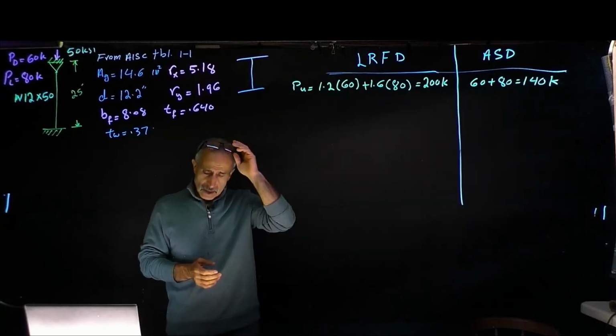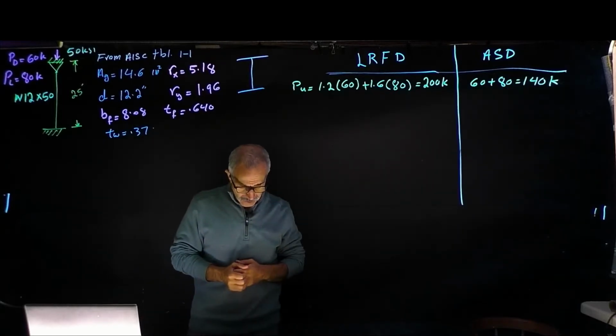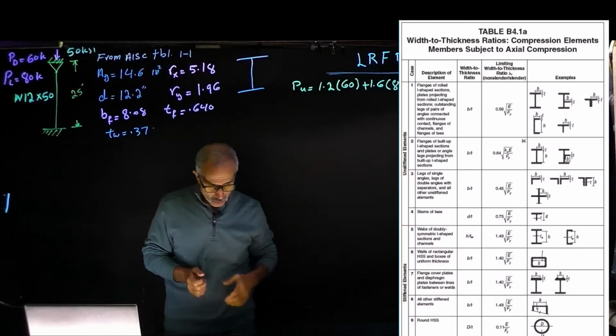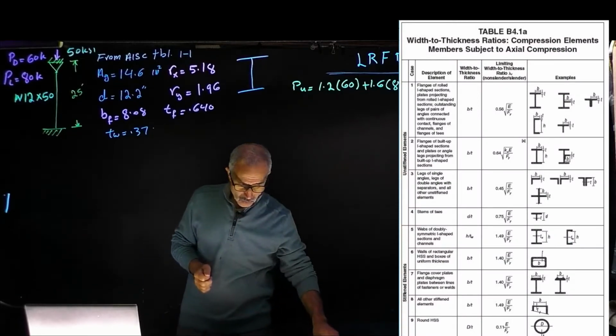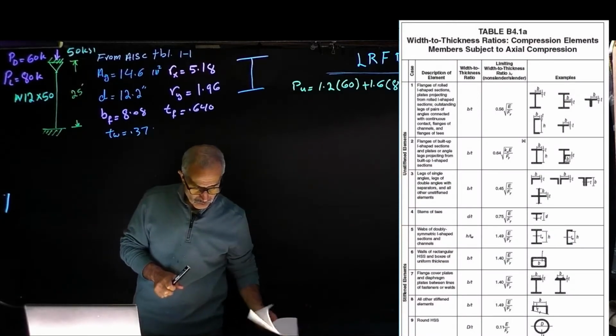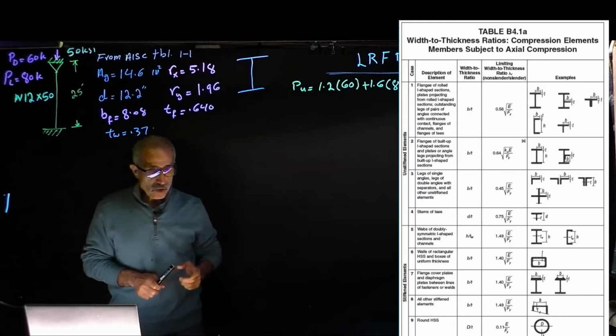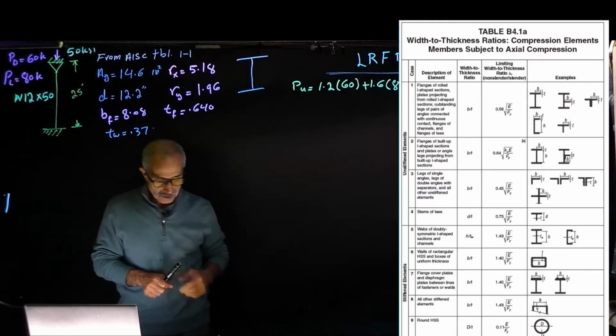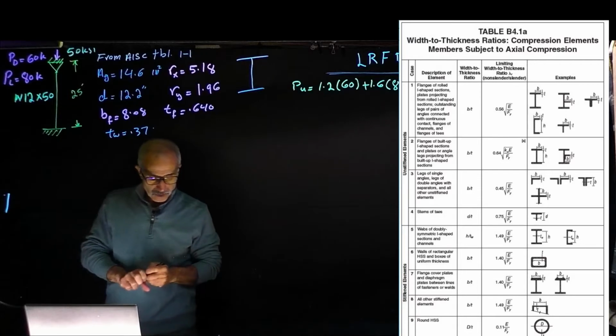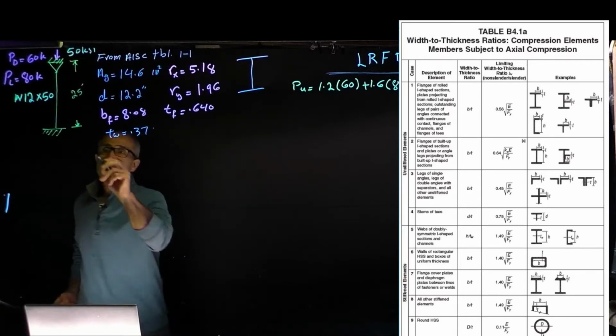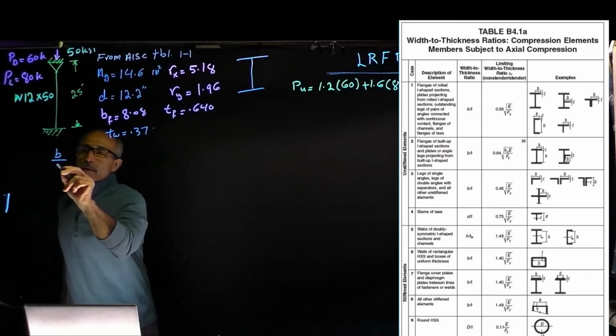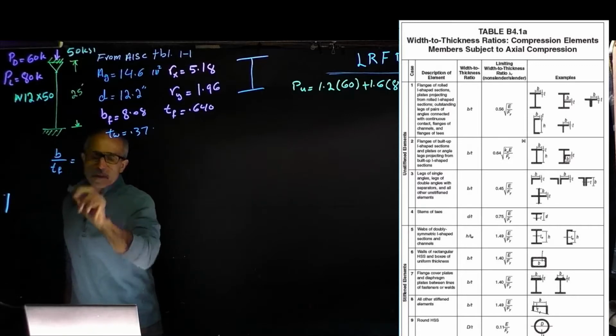If you take a look at table B4.1, we're going to go through that check. First, we'll check the flange, which is the first case, so we have b over tf.